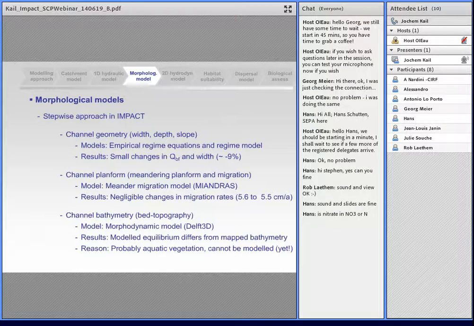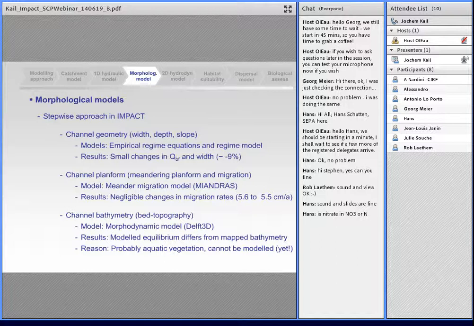Second, we looked at the channel planform using a meander migration model, which is called MEANDER. We investigated the influence of these discharge changes on the channel dynamics. Here we also found that the changes, for example in the migration rates, will be very low. So no really significant effect on morphology with respect to these two aspects.